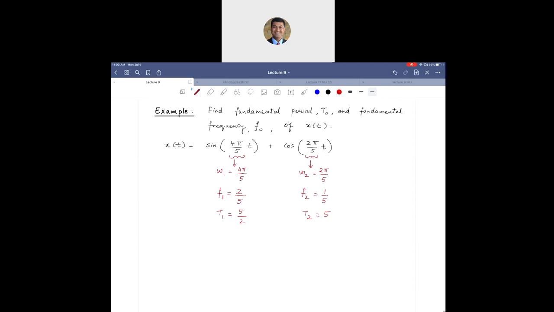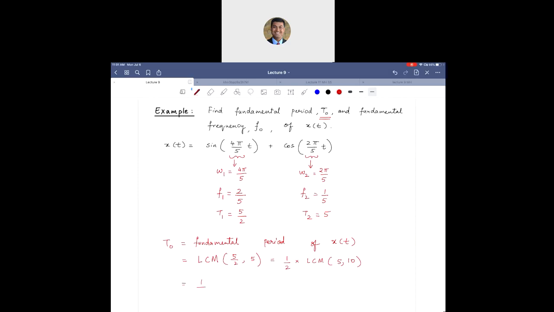Now, if I want to find the time period of the sum, T sub 0, the fundamental period of x of t, this is simply going to be the LCM, least common multiple, of 5 over 2 comma 5. Over here I can pull out a half from both of them. I have got half times the LCM of 5 comma 10.